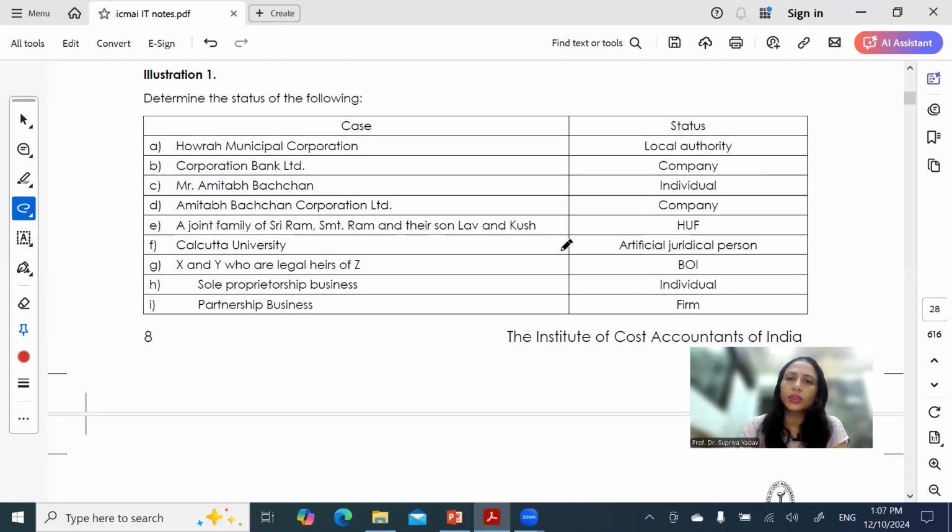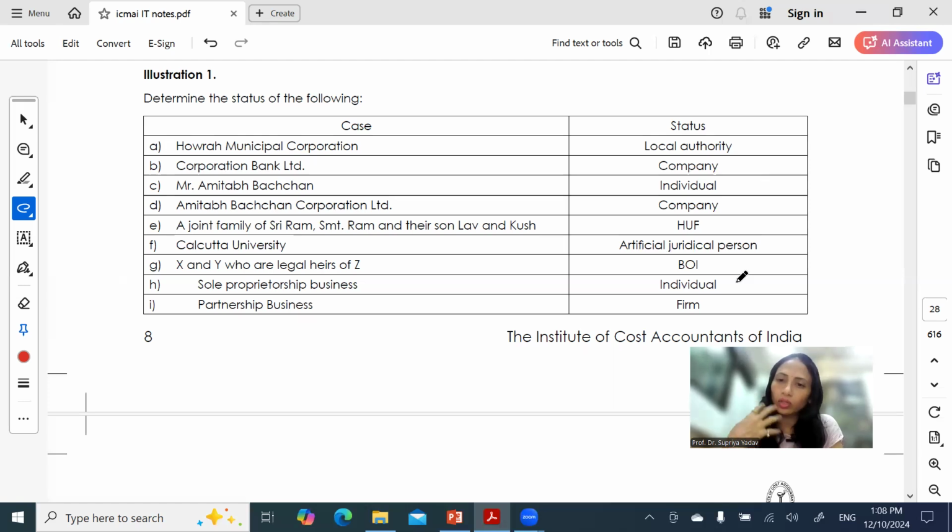Then the Calcutta University. What is Calcutta University? It is an artificial judicial person. Then X and Y, who are legal heirs of Z, they are a body of individuals, because X is one individual, Y is an individual, and Z is also an individual. So they are BOI. And the sole proprietorship business is an individual, because the sole proprietorship and the person are not identified as different, they are the same.